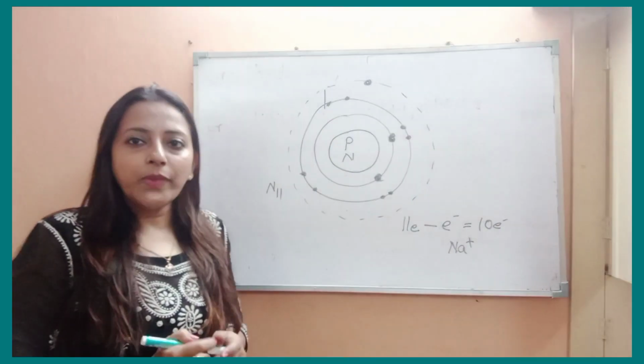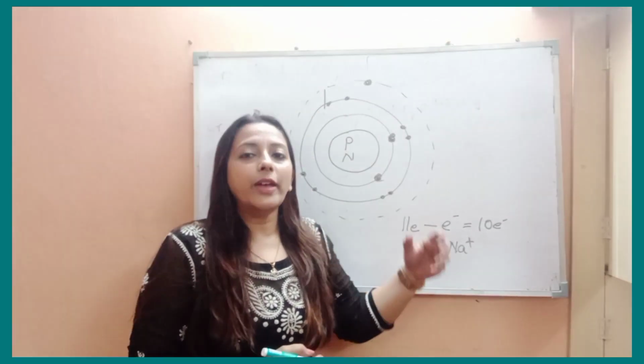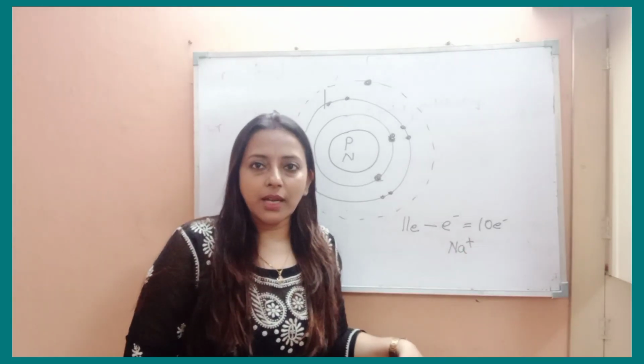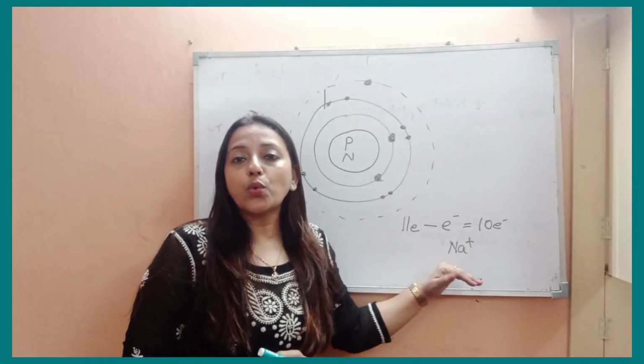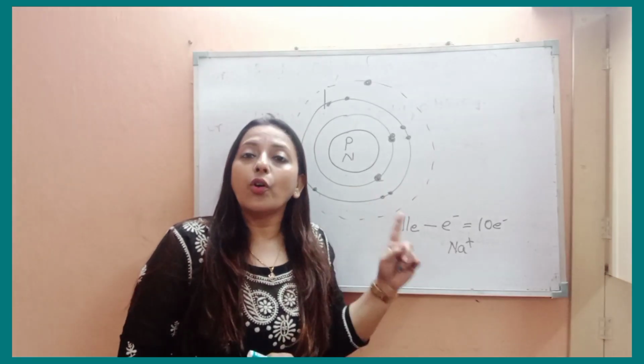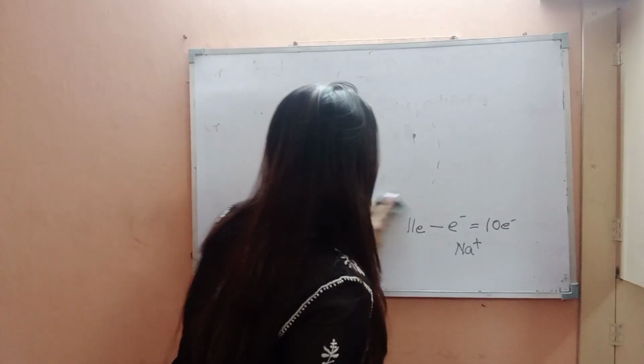This is called an ion, the ion of sodium. When any atom loses or gains electrons, it becomes its ionic state. So this is a sodium ion, and its valency is 1 because it is losing 1 electron for becoming stable.